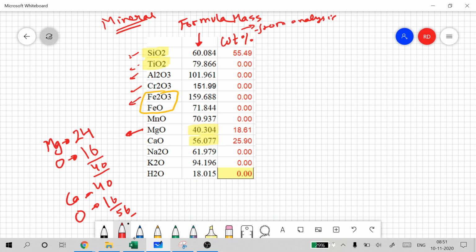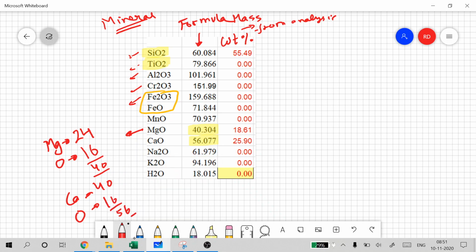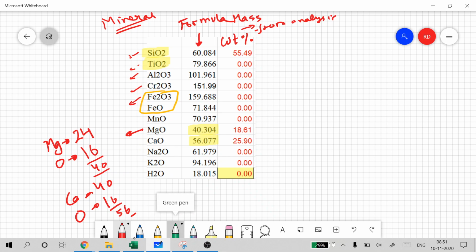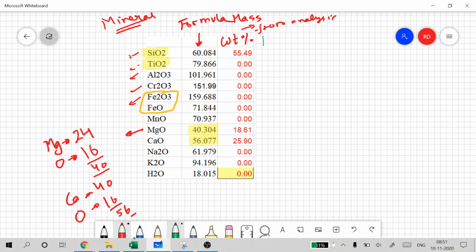Mode is usually volume percent, which is even less useful than weight percent. You need to multiply it with density to get from volume percent to weight percent. But if you want to calculate the formula of a mineral, what you want is moles: how many moles of one species react with another species. So in the next column we calculate another property, which we'll call mole units.